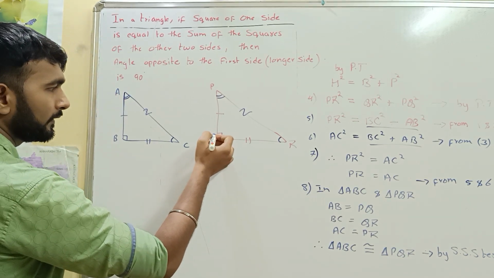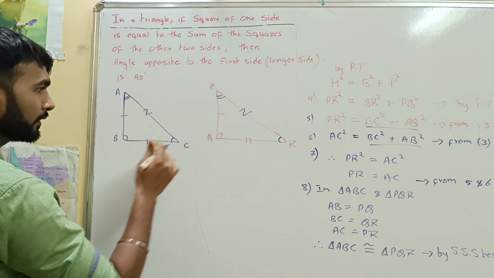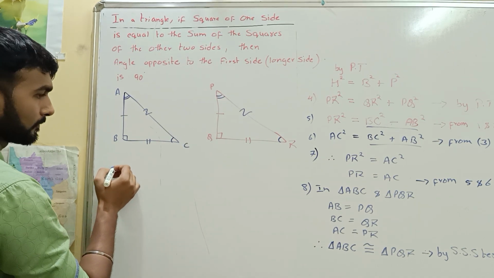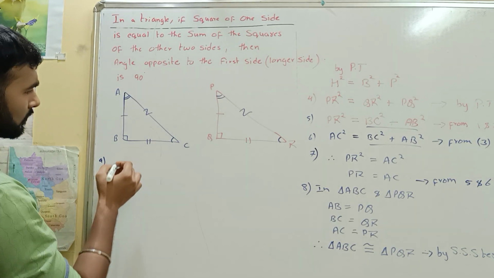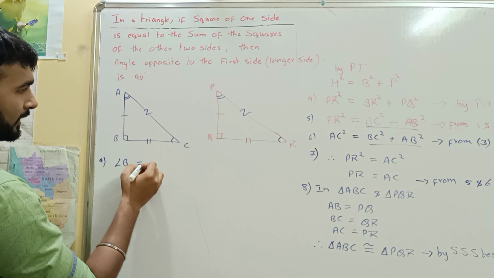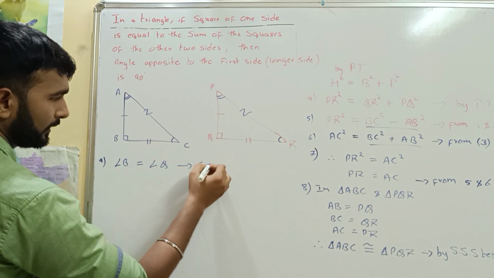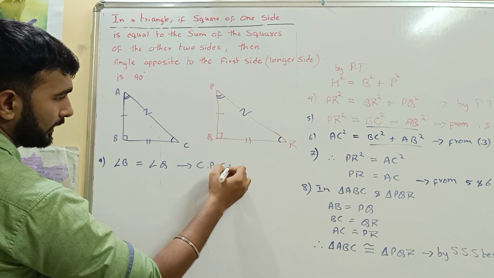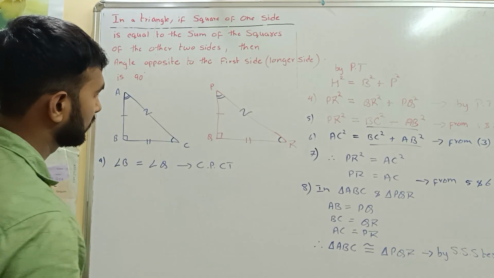And now here we already have that angle Q is equal to angle B. So right here, step number 9: angle B is equal to angle Q by CPCT, that is, corresponding parts of congruent triangles are equal.